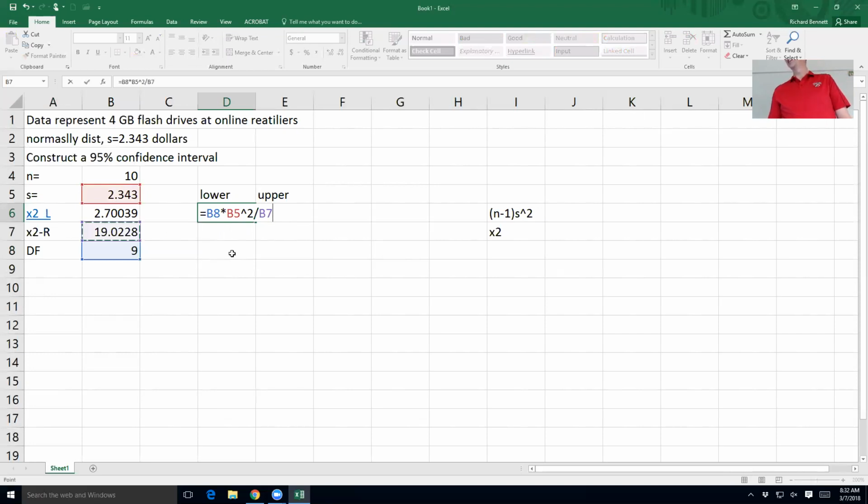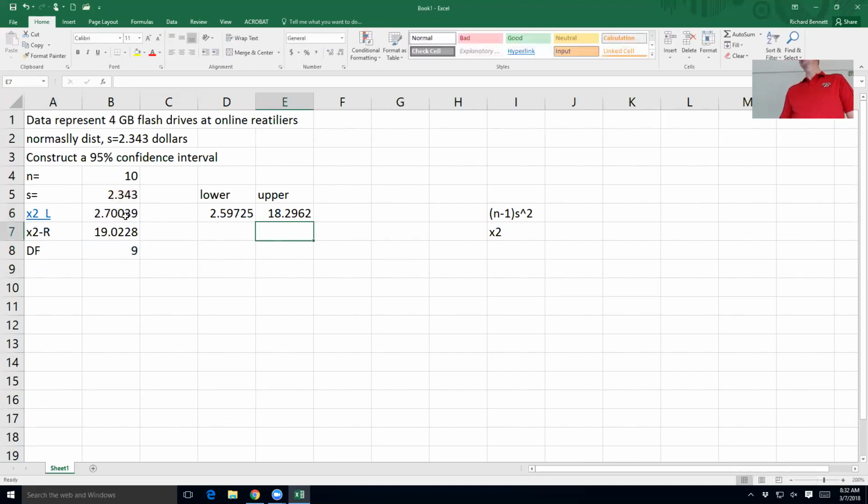They're backwards, but either way, just switch it around when you get done. And the same thing, 9 times S squared divided by the small number this time, because now it's going to be the big number.